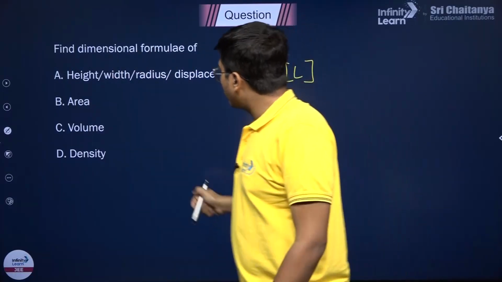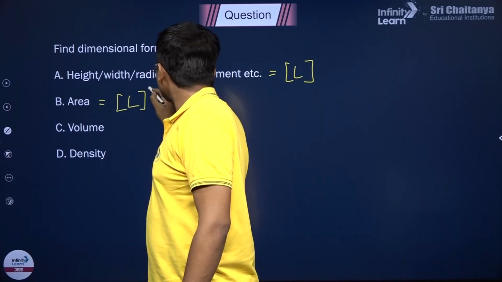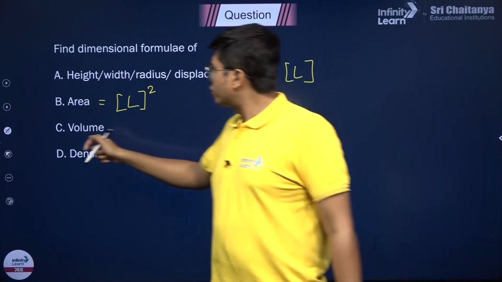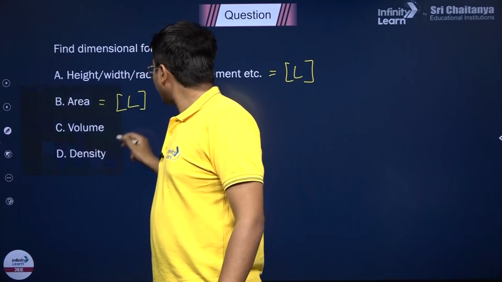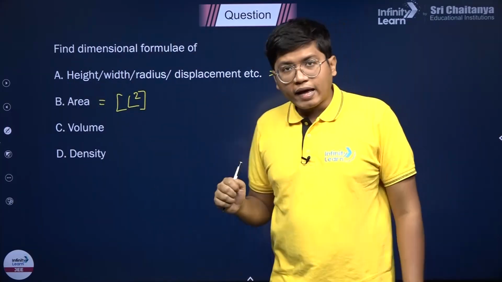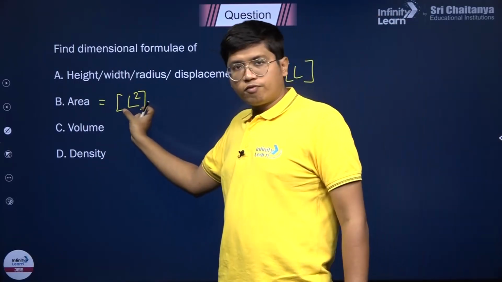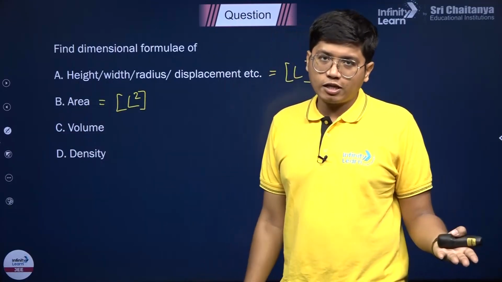So the dimensional formula of area is L squared. We can even keep the 2 inside the bracket, because certain textbooks do that, and I think even NCERT has it inside. So that is [L^2]. Now this is the dimensional formula, and as soon as I equate it with the quantity, it becomes a dimensional equation.